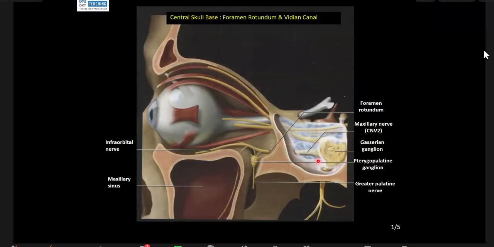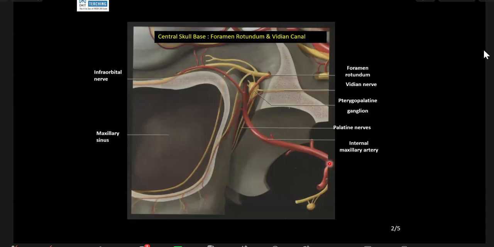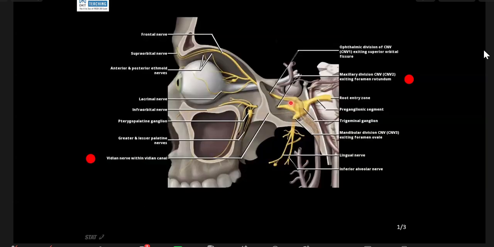So once again, point to remember is, look at this diagram. Here, this is the ganglion, which is the Gasserian ganglion of the fifth nerve, V1, V2, V3.